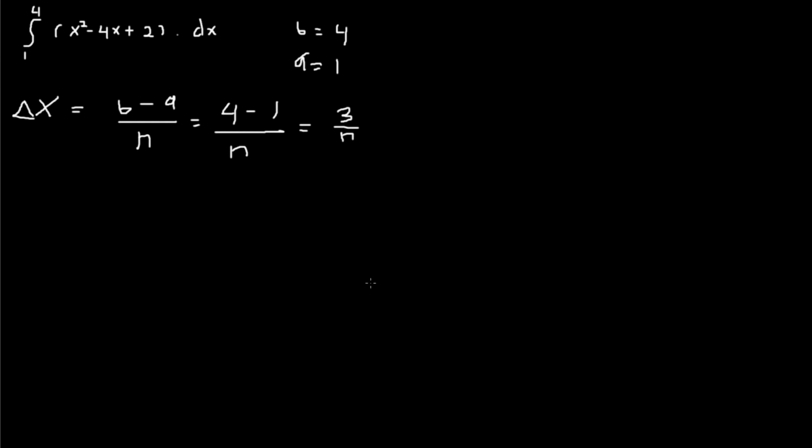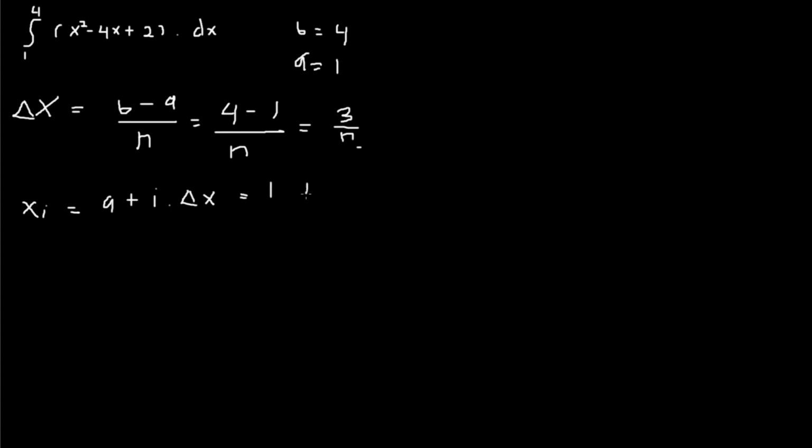So now the next thing that we're going to do is to find our xi. This is going to result in our f of xi, where we put our xi into the original equation. So we're going to find our xi by taking a, which is 1, plus i, which is a variable that we're going to replace later with the sum law, and then we're going to times it by delta x. So now we're going to plug in all these variables.